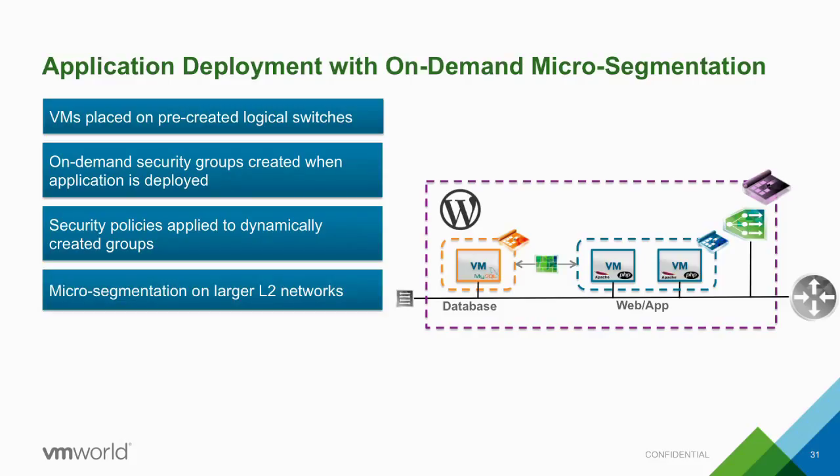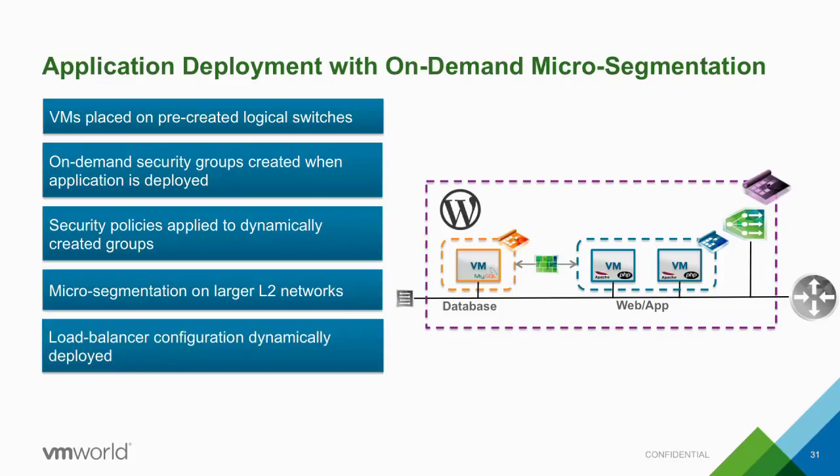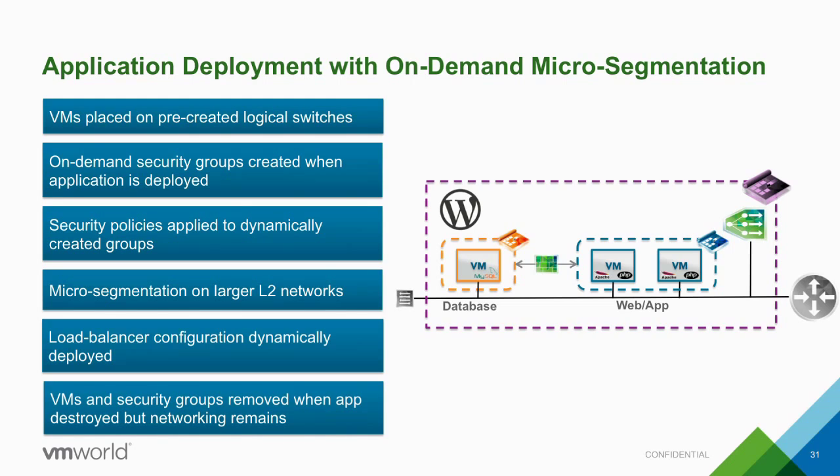So we call this generally micro-segmentation because multiple applications can end up sitting on the same layer 2 subnet and share the same subnet addressing space. The load balancer in this situation is also dynamic. It is spun up on demand, and then once the app goes away, it'll delete the actual load balancer. So you get dynamic security, but on pre-created networks.